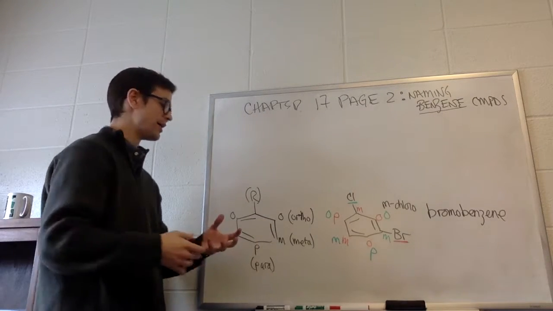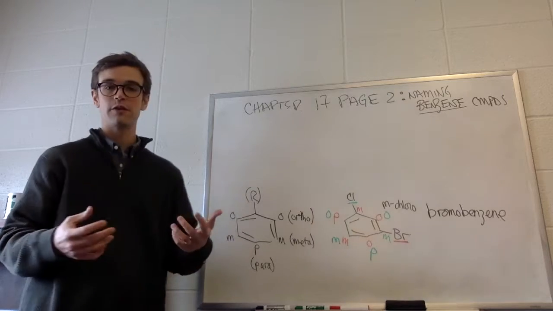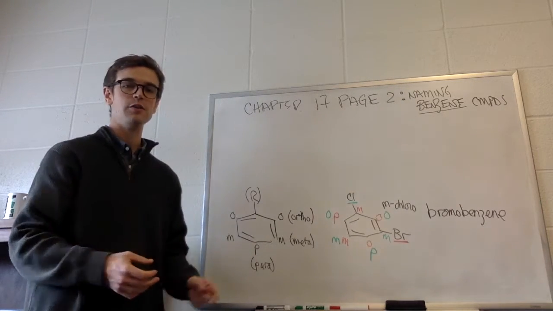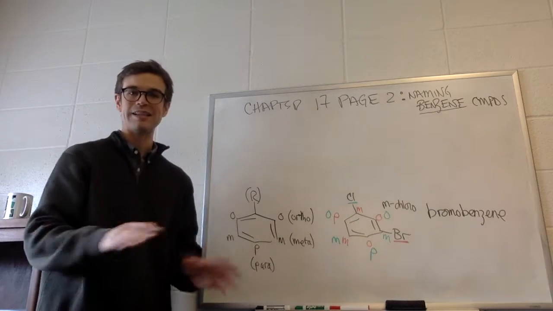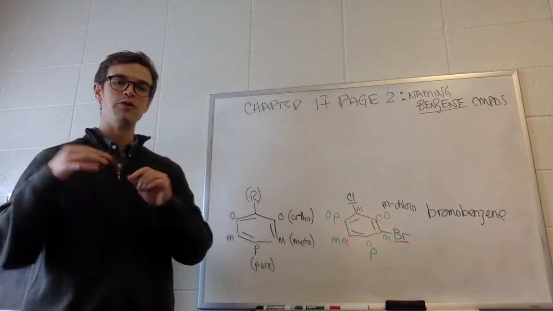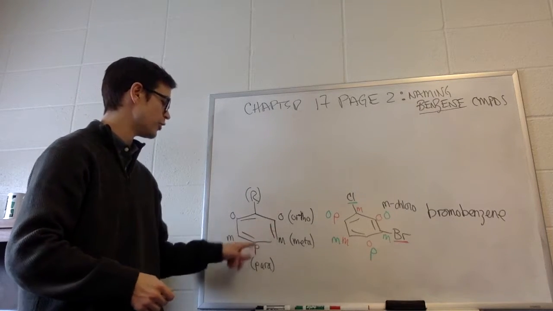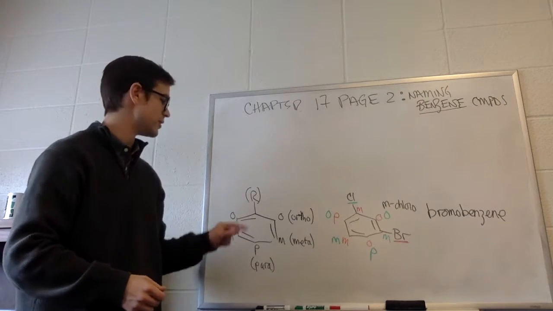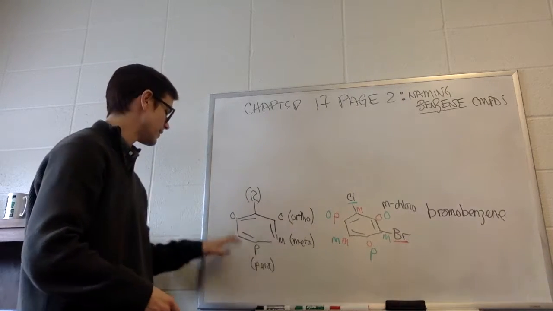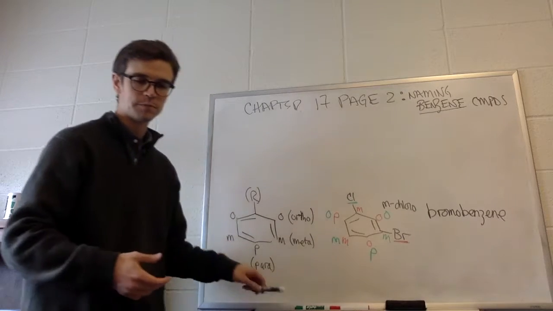So we might say, if R is a methyl group and we're adding an electrophile to the ring, it's going to add to the para and ortho positions, not the meta position. So we call groups para-ortho directors because they're directing groups to those positions, and other substituents in this R position would direct things to the meta position. So that's the point of this nomenclature.